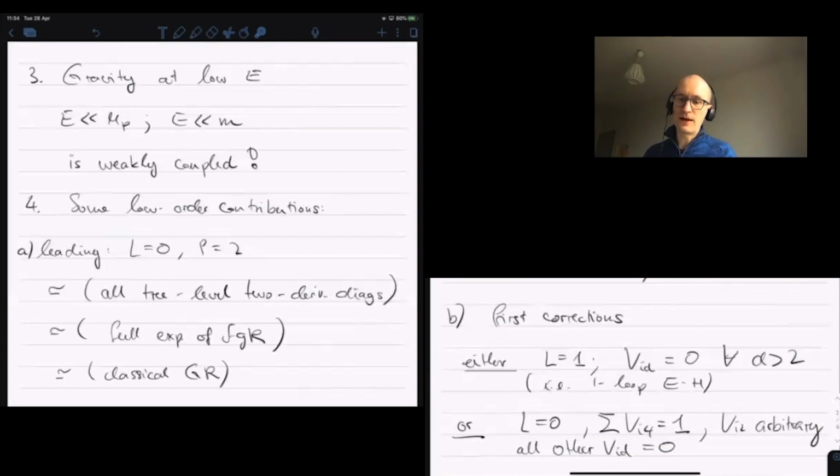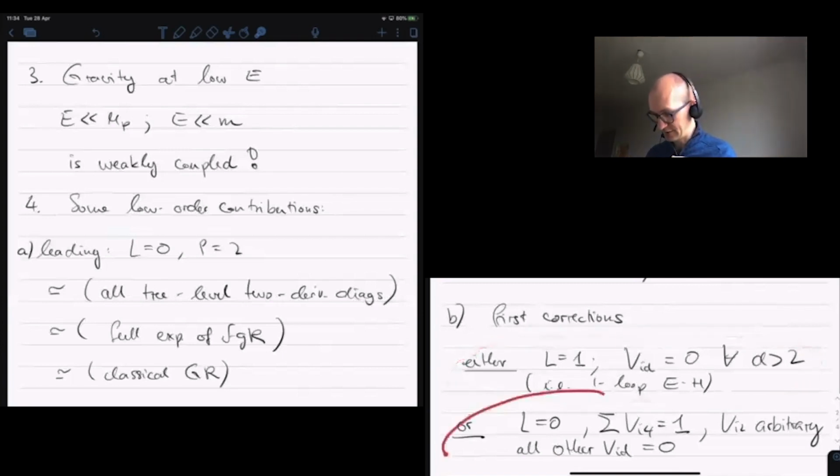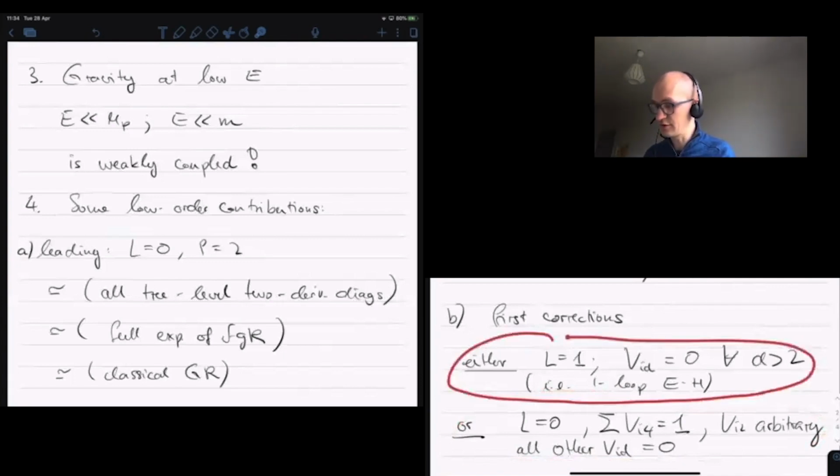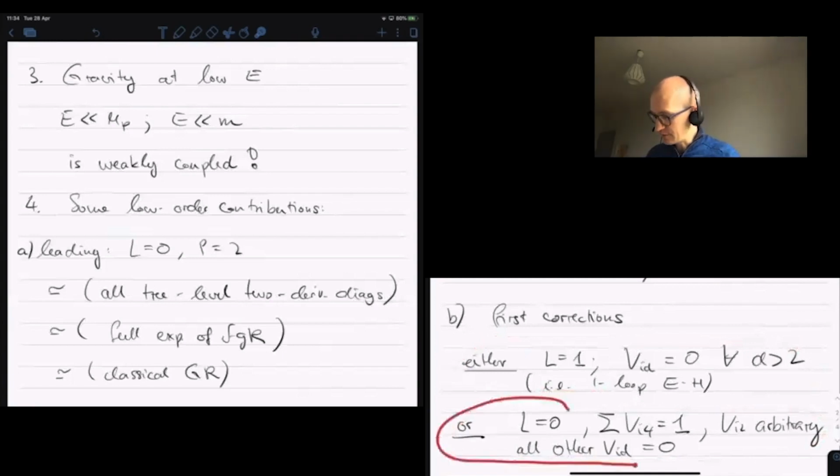But I will now demonstrate to you that this is actually not the case. The important bit is that the kind of physics that comes from this correction is fundamentally different from the kind of physics that comes from this kind of correction. This leads to a modification of the long range force behavior. So this really changes the infrared properties of GR, whereas this thing leads to something extremely local and gives you basically a UV modification.